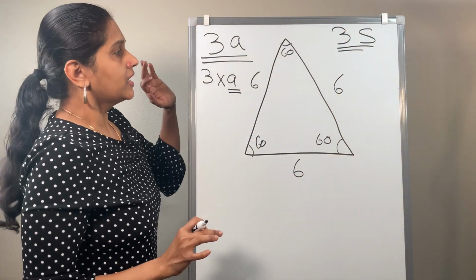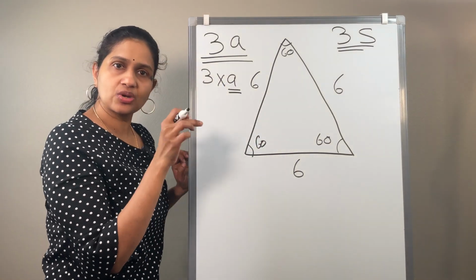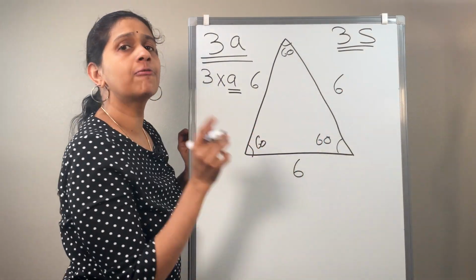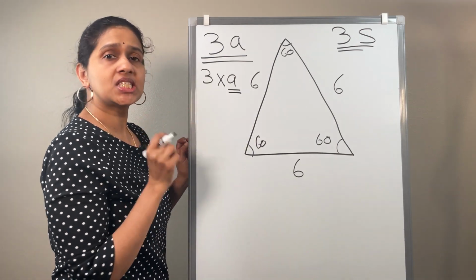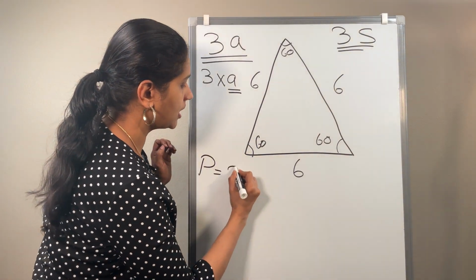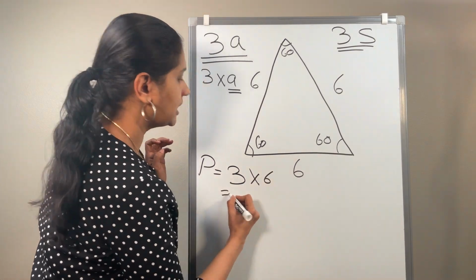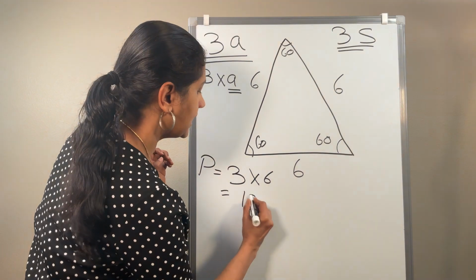Now, let us find out the perimeter of this equilateral triangle having a side of 6. As I told you, it is 3A. So, the perimeter is going to be equal to 3 times, A is 6. So, 3 times 6 is going to be 18.